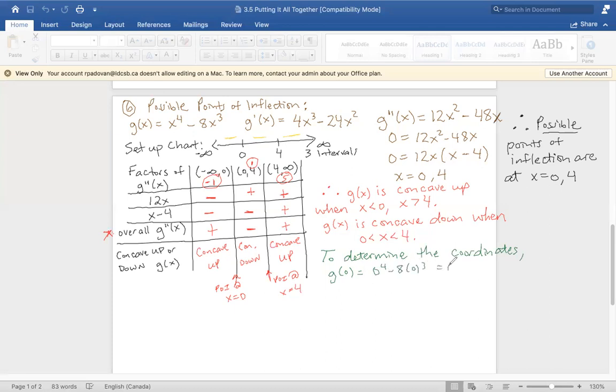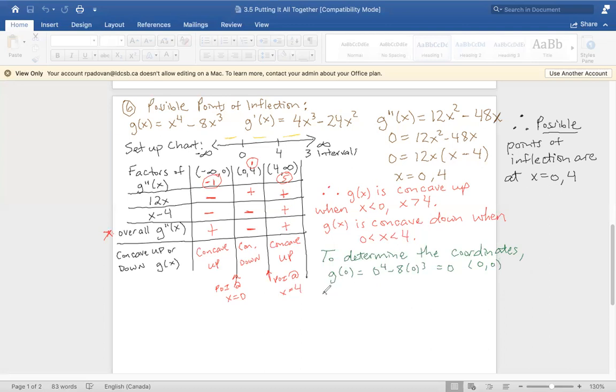It's just going to be 0. So when my x value is 0, my y value is 0. I already have that point existing on the graph from number 1, I believe an x and a y intercept. But this is also telling us that it's a point of inflection. So I know that there's a change happening there.